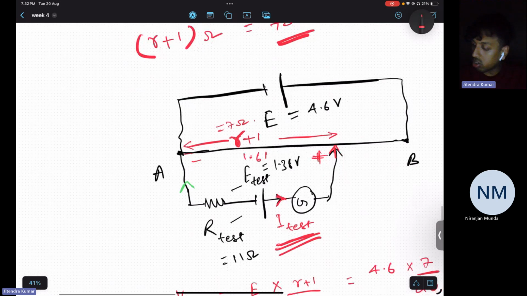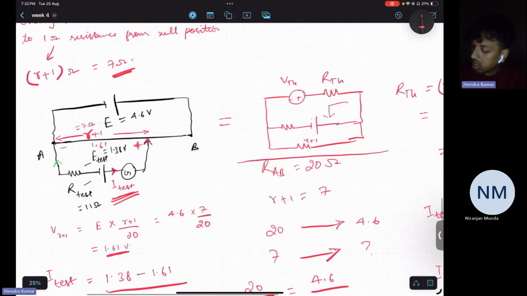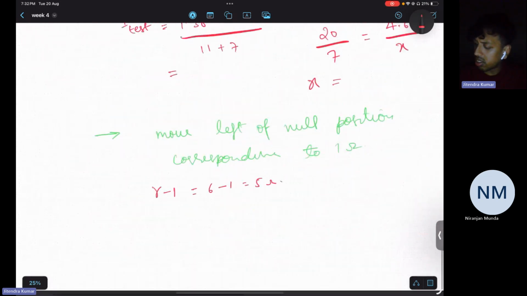So on the potentiometer, if you see, let me redraw the circuit.